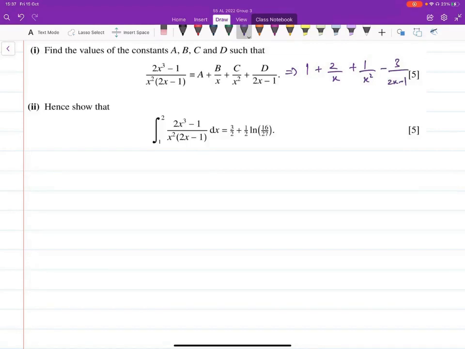We have to show this thing, that the integral of this expression, जिसके हमने partial fractions निकाले हैं, with limits 1 and 2, they evaluate to this thing.